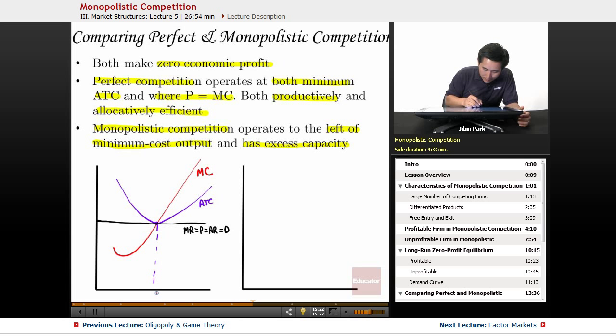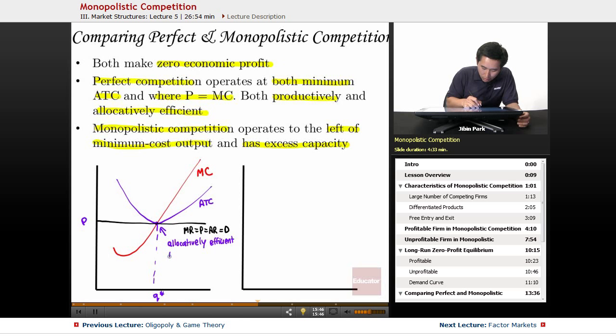So right here, not only is it the profit maximizing quantity, you're at the minimum of the ATC and MC, and the price equals the demand here at the marginal cost. So this point is allocatively efficient.